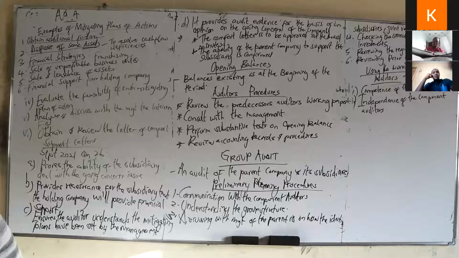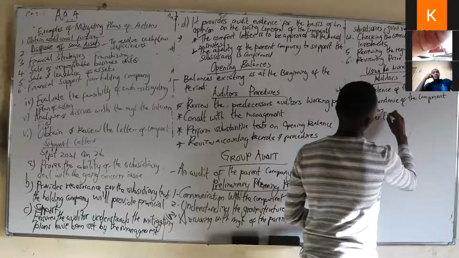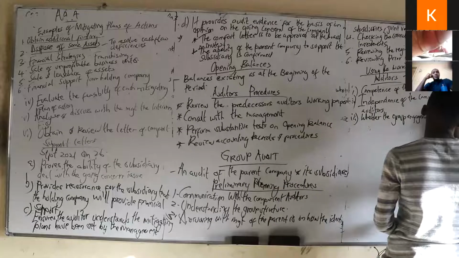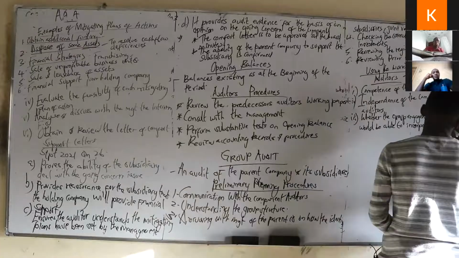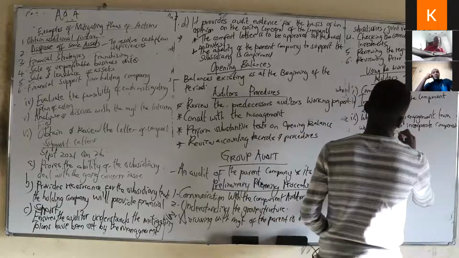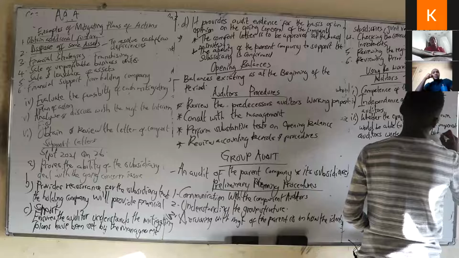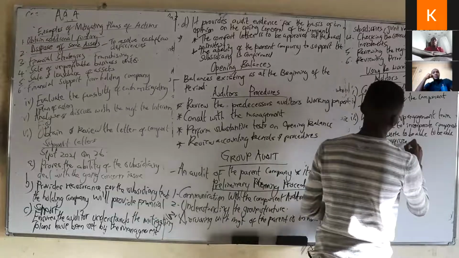That is, whether the group engagement team would be able to incorporate the component auditor's work to be able to gather sufficient audit evidence.